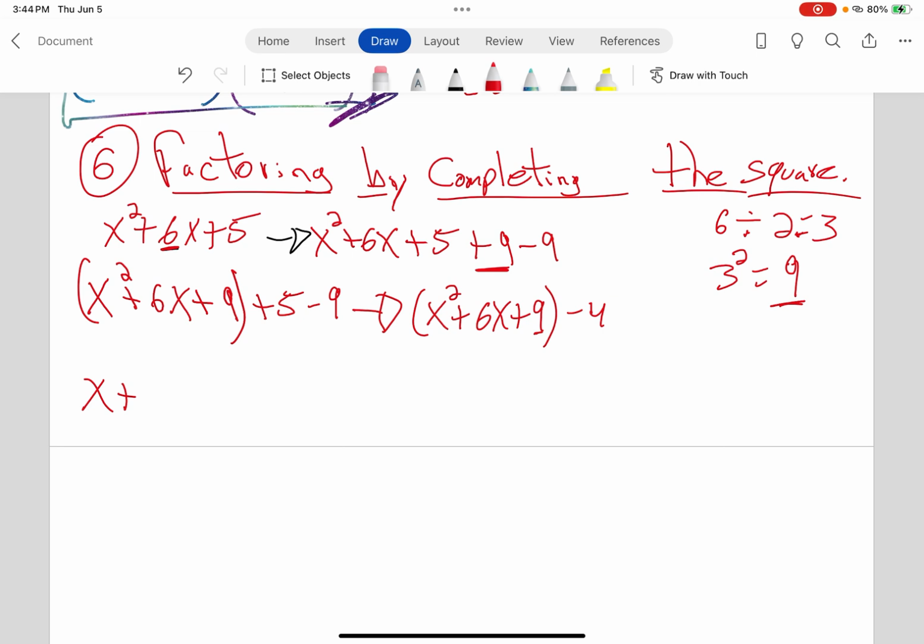So the square root of 9 is 3. So all this is square.